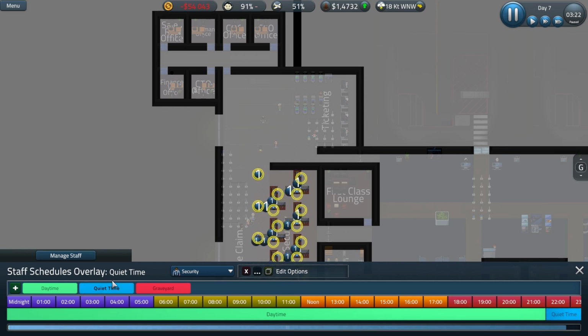So where should we make this? Quiet time from 10 o'clock till midnight, and again from 4 to 6, and the graveyard shift, let's make that end at 3 actually, because we do have passengers coming in from 3 o'clock in the morning.